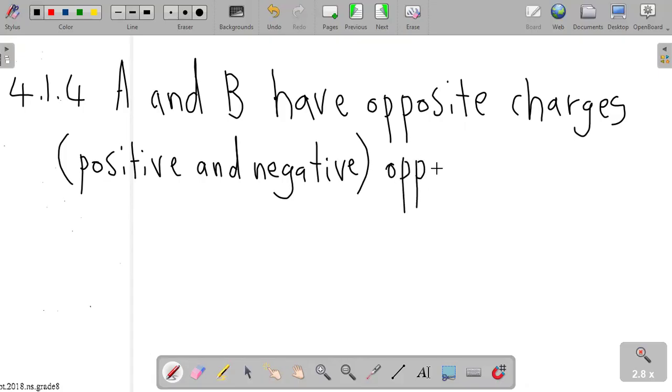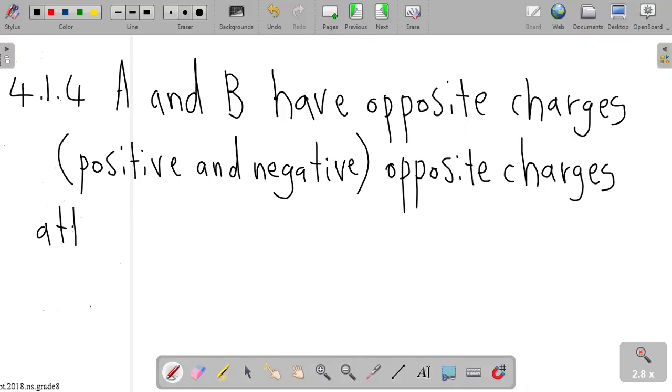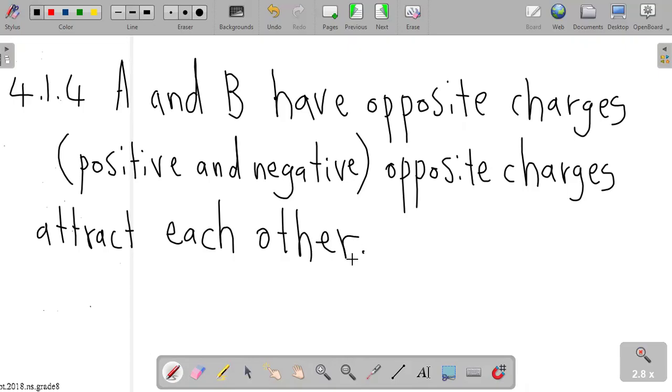Opposite charges attract each other. So that is the reason here.